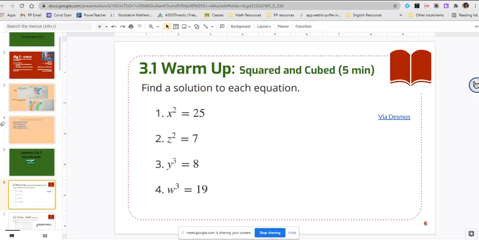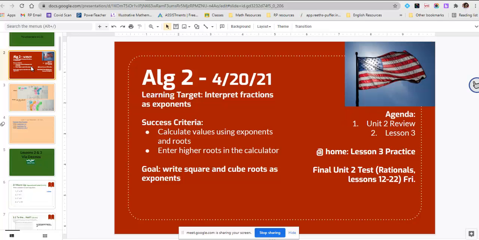Alrighty, let's join back together and continue on with our new unit, Unit 3, where we're looking at Lesson 3 together. We have been talking about using square roots and cube roots and how we use lots of different exponent rules. So we've been looking at different values raised to the second power or the third power.